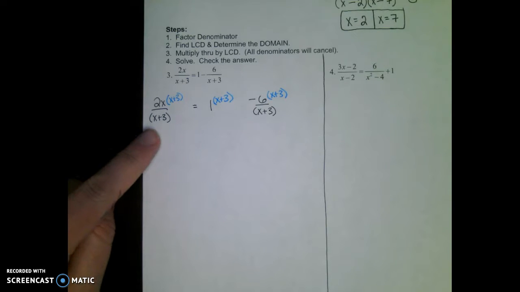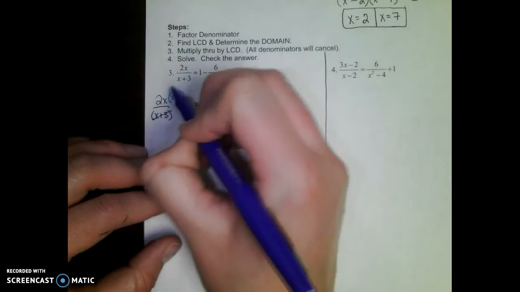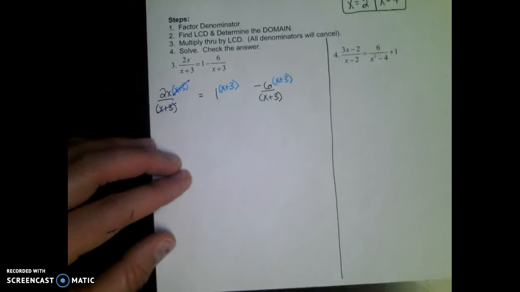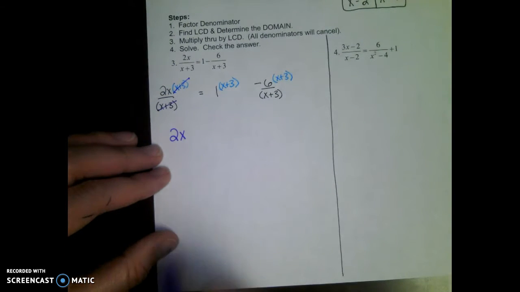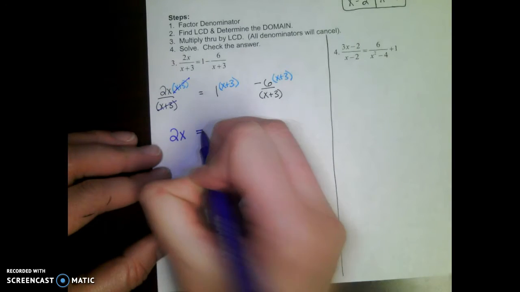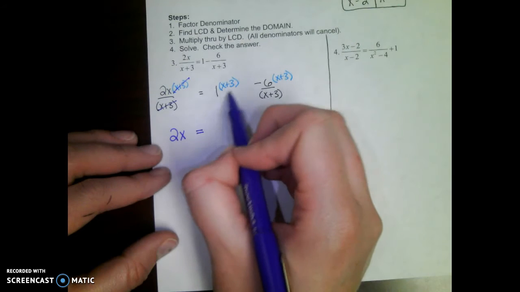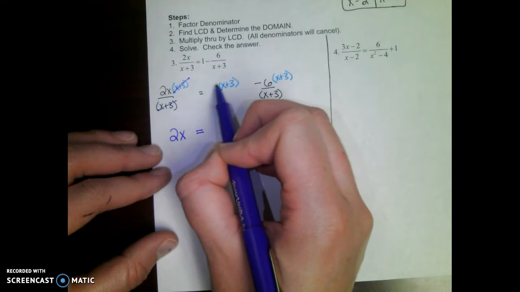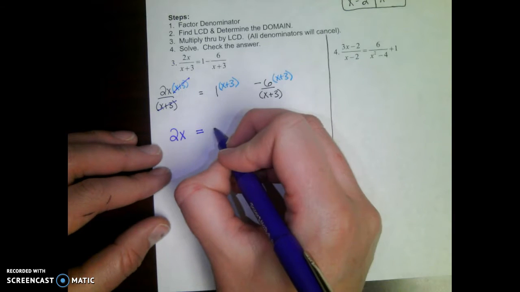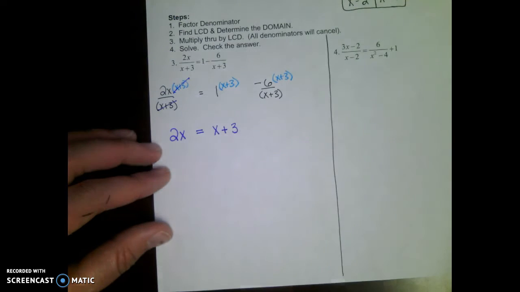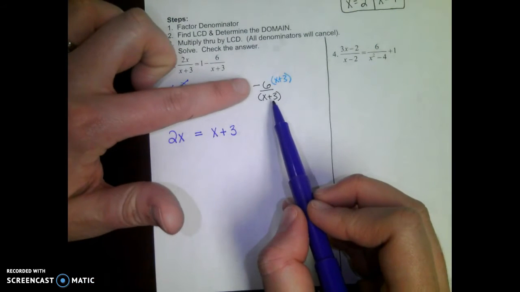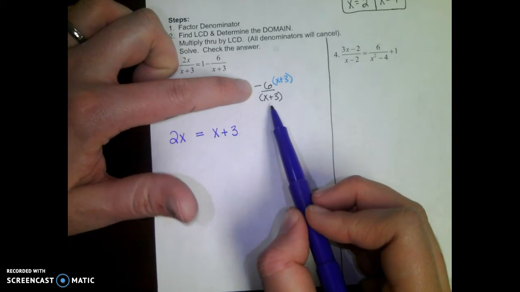So in this first fraction, do you see anything that would cancel? The x plus 3's cancel, leaving us with simply 2x. Then I see an equal sign. This one, there's no fraction, so we'd have to distribute. Thankfully, distributing a 1 is just going to make it x plus 3. In this next fraction, do you see anything that will cancel?